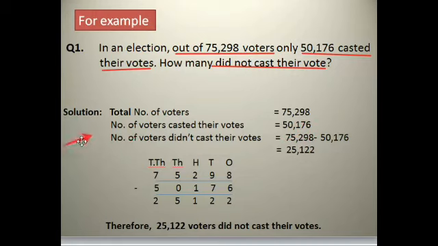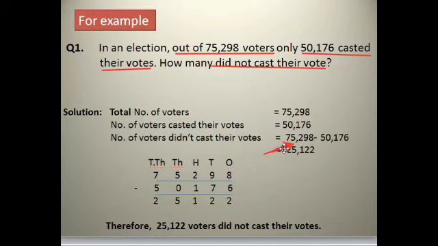Now, we will find the answer by subtraction. So, we write here the number of voters who did not cast their votes: 75,298 minus 50,176.